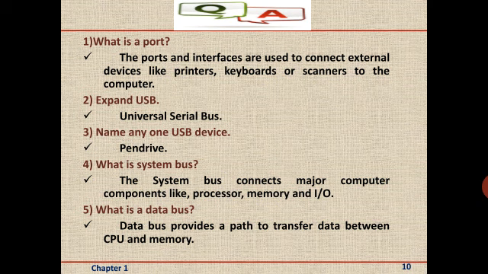System bus connects major components like processor, memory, I/O. Fifth question is, what is data bus? Data bus provides path to transfer the data between CPU and memory.